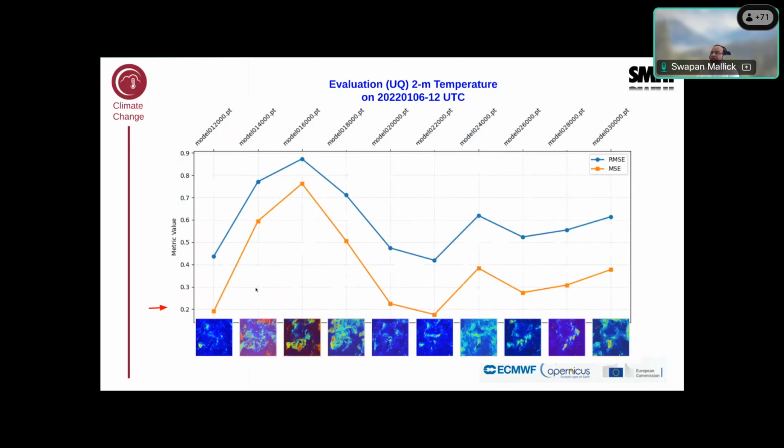Then based on the root mean square error, the mean square error and the score function, we created the same ensemble for the uncertainty over the specific time.